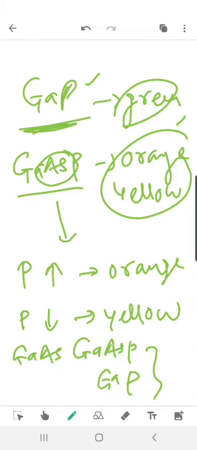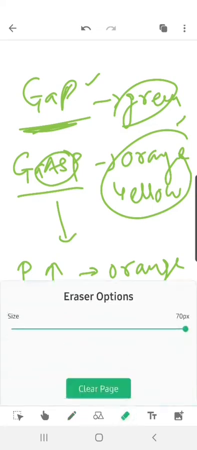Now, when I say that our LED is working, it means the LED is forward biased. Now the question arises, at how much forward bias will the LED work properly?